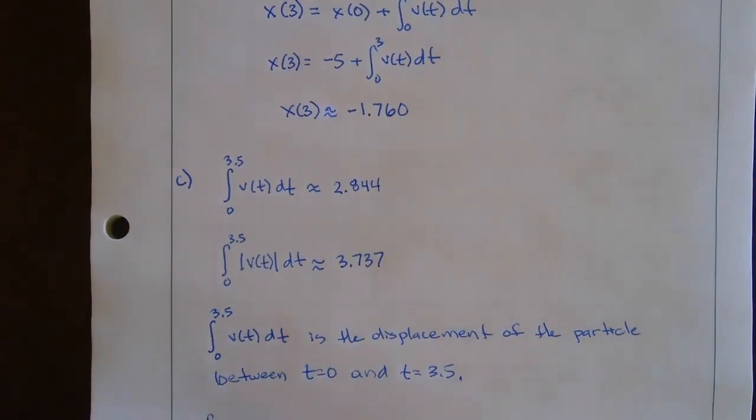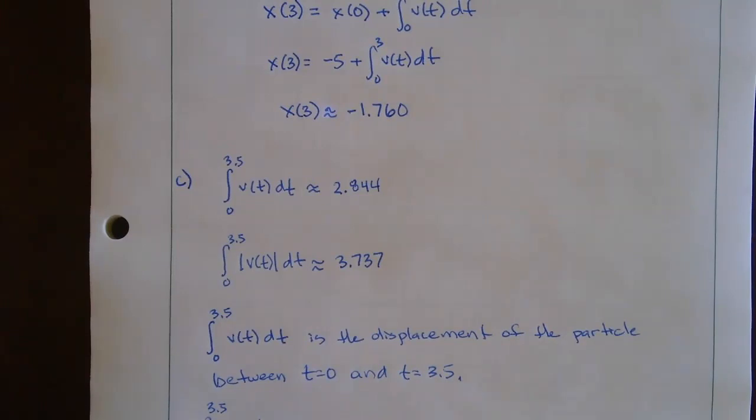Now, how about the absolute value one? So what's this one? 0 to 3.5 of the absolute value of v of t dt. When we take the absolute value, that takes anything that's below the x-axis on the velocity and flips it up, so it's above the x-axis. So all of these function values have to be positive, right? So if we integrate, we accumulate distance. In this case, all the velocities are positive, so all our function heights are positive, which is not going to give us the net change, but the total distance traveled, okay?